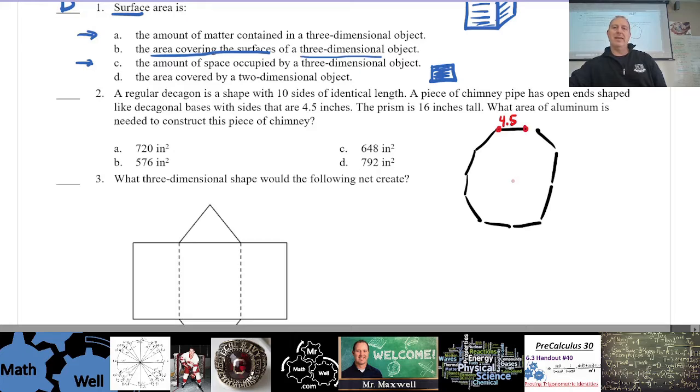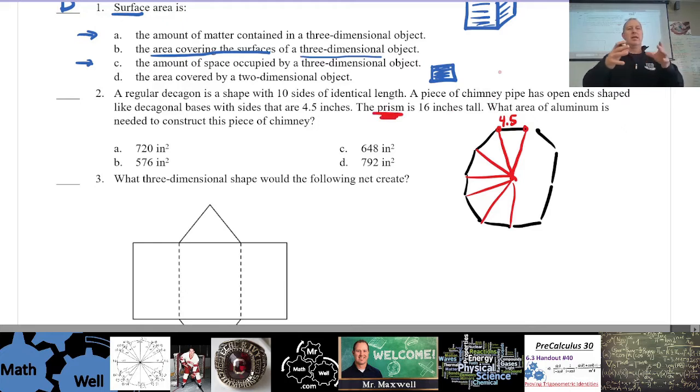Now, it is true that there are going to be little triangles that form this, right? There should be 10. And if I drew this correctly, there would be 10 equal triangles. You get the idea? 1, 2, 3, 4, 5, 6, 7, 8, 9, 10. The prism, now when it says the prism is 16 inches tall, we're talking about a chimney pipe.